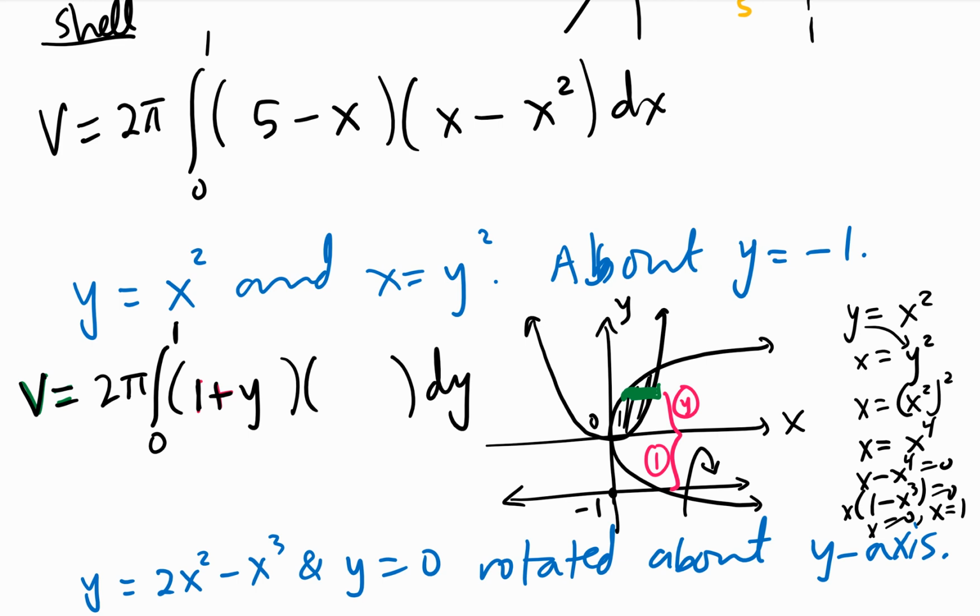I'm going to take the outer radius, like this distance, minus this distance. So the one from the y-axis minus the one closer to the x-axis. But everything inside has to be in terms of y. The further from the y-axis is y equals x squared. So we have to solve for x. Everything has to be in terms of y. Minus the one closer to the x-axis, that's x equals y squared. So that's what we have.